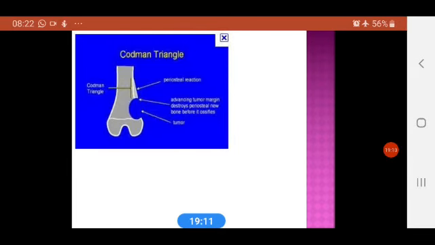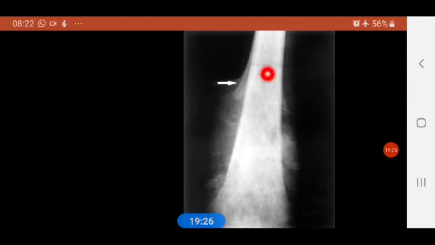It's basically the elevation of the cortex that is caused by the growing tumor. So Codman's triangle is one of the pointers saying that you're dealing with an aggressive tumor that might be osteosarcoma. That's the triangle that you see near the arrow here. This is the triangle.